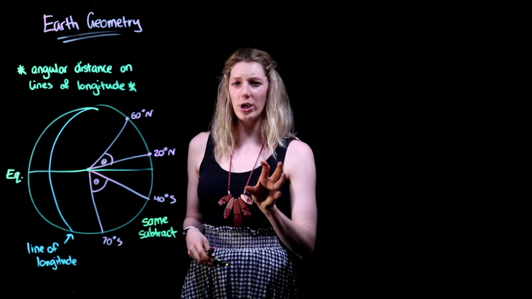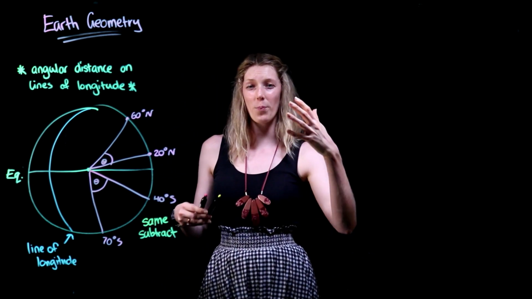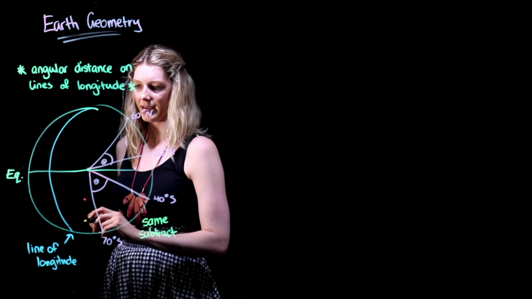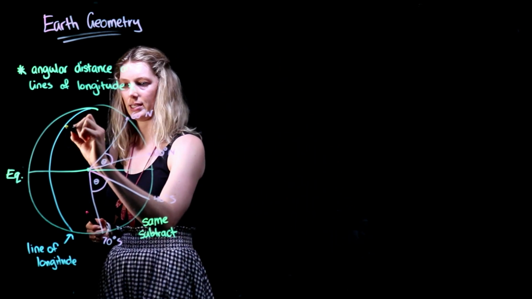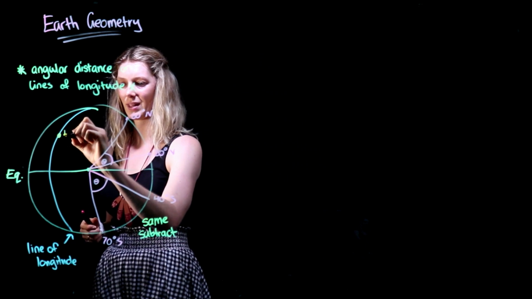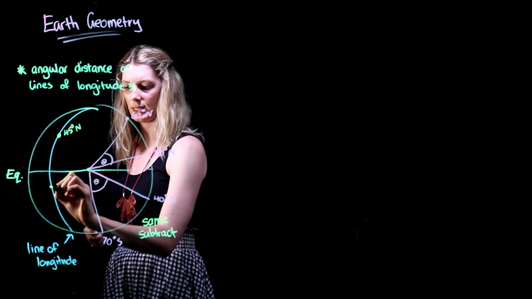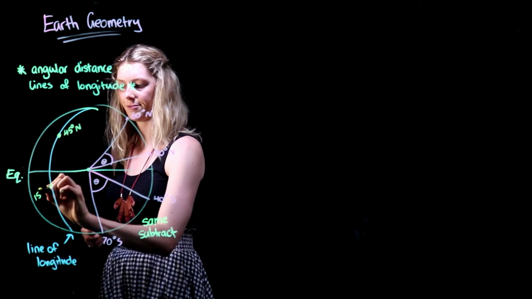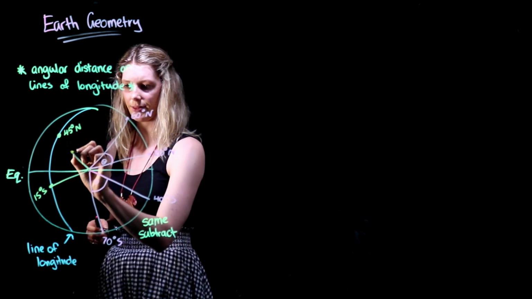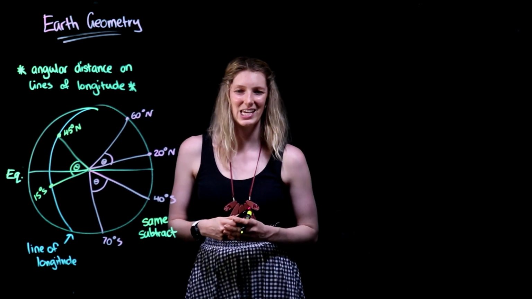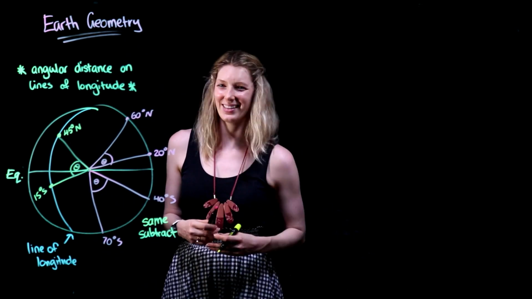Sometimes our two locations will be on opposite sides of the equator. So we might have a location sitting up here at 45 degrees north and a location sitting down here at 15 degrees south. In order to find this angular distance, we add them.